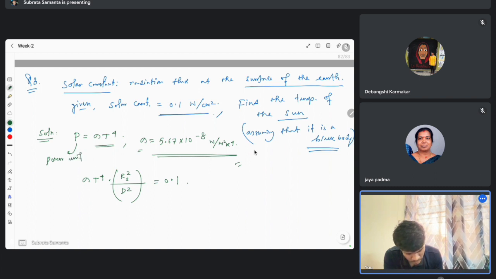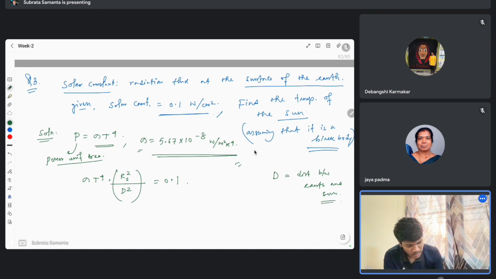If we multiply it with the area of the sun's surface, 4 pi R square, and the earth to sun distance is d. So d is the distance between the earth and sun, and this is the radiation flux at the surface of the earth, right?